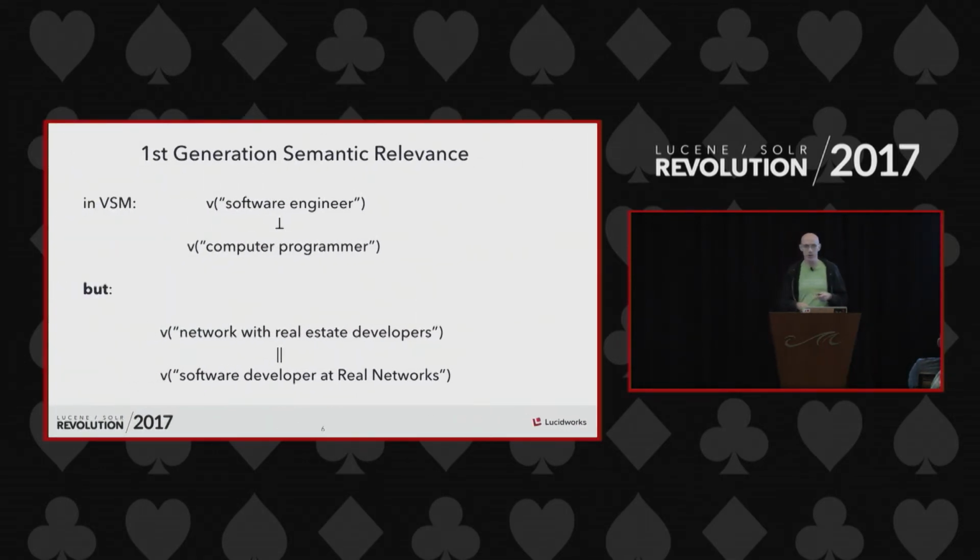In particular, the vector for software engineer and the vector for computer programmer in the original TF-IDF style or BM25 models are completely orthogonal vectors. Those vectors have zero cosine, zero dot product. On the other hand, the query network with real estate developers and a software developer at Real Networks, if you've got stemming turned on, will be very, very similar queries, which is unfortunate.